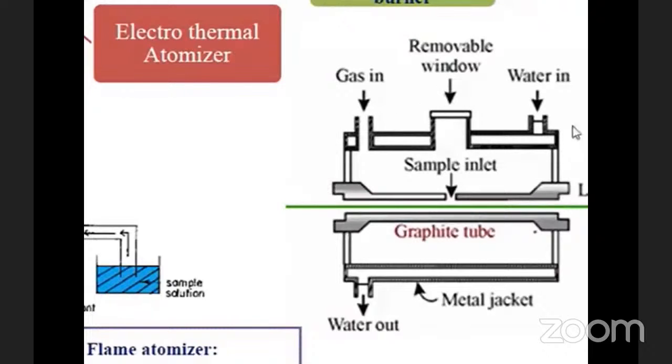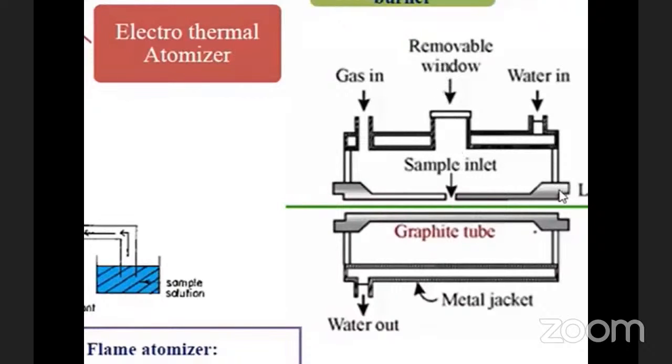This electrothermal atomizer consists of a graphite tube open at both the ends. This tube is 5 cm long and has an internal diameter of 1 cm. The sample is introduced through a central window in the tube.